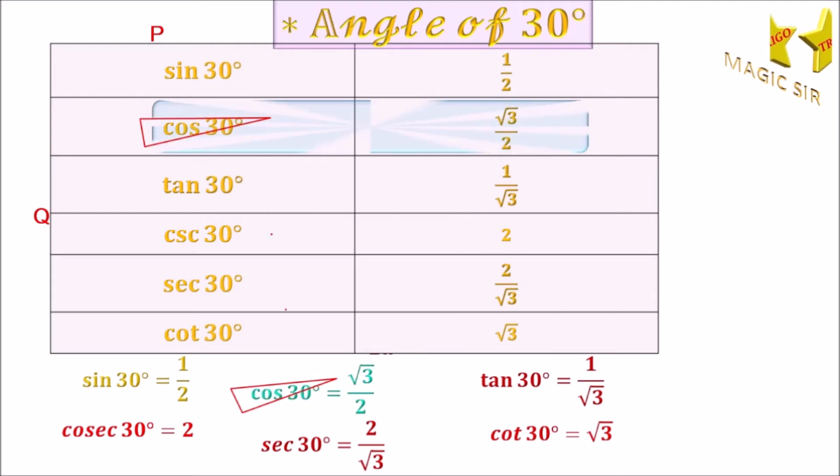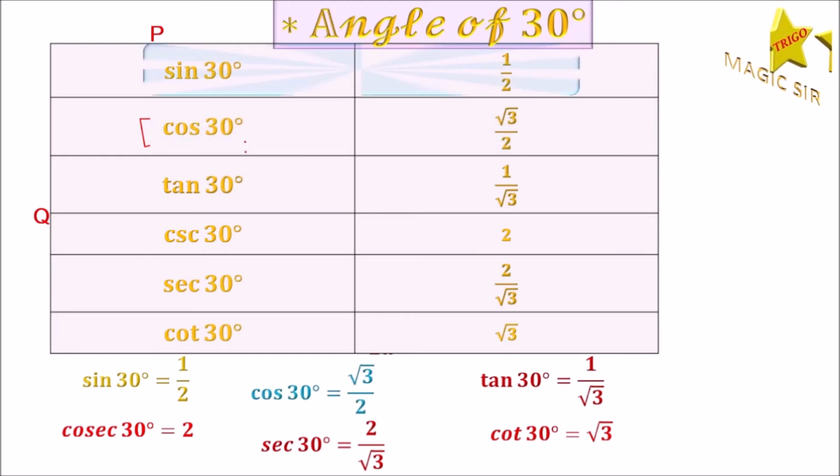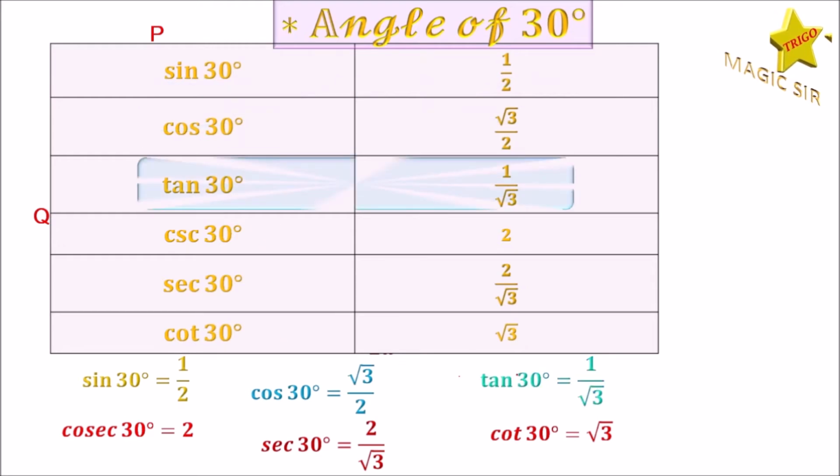See the animation in row 2 of the table. Tan 30 degree is equal to 1 upon root 3. See the animation in row 3 of the table.